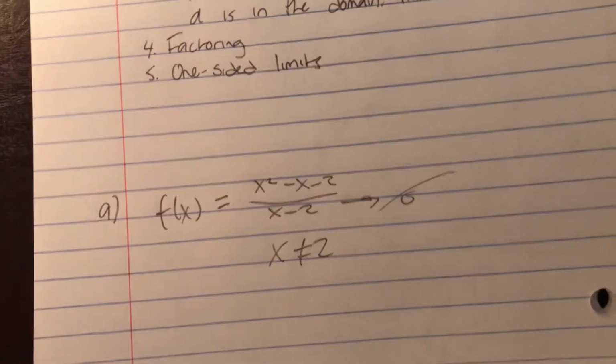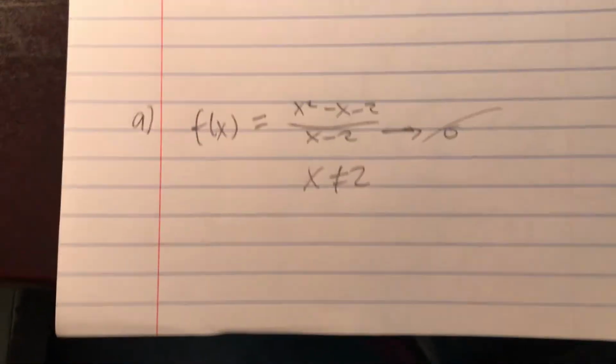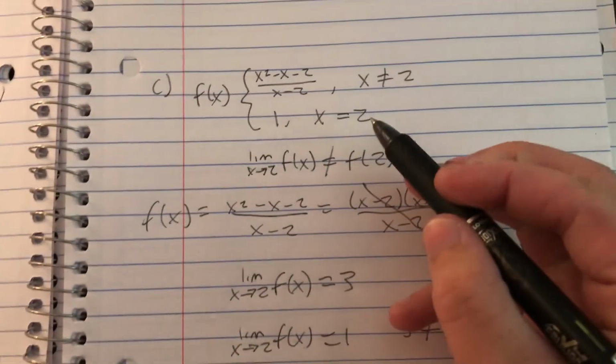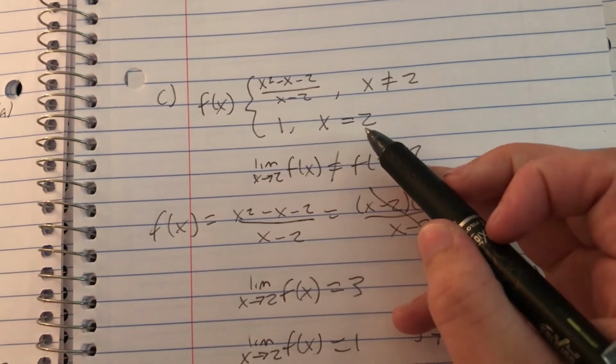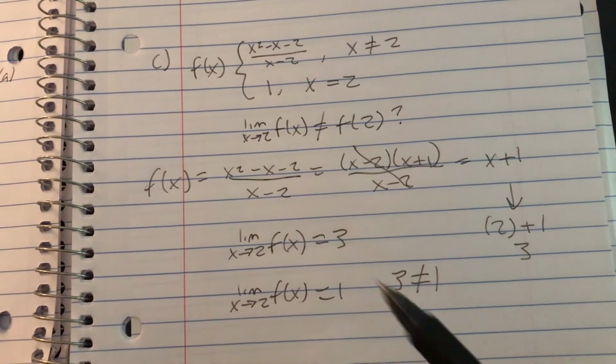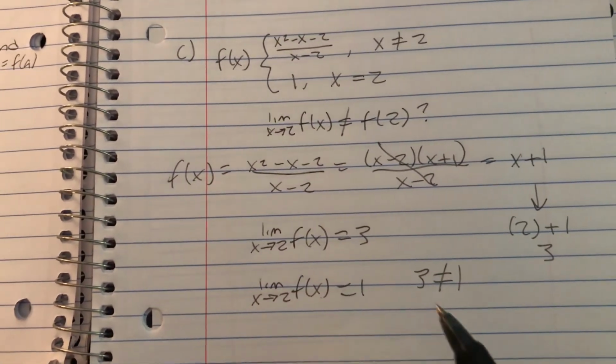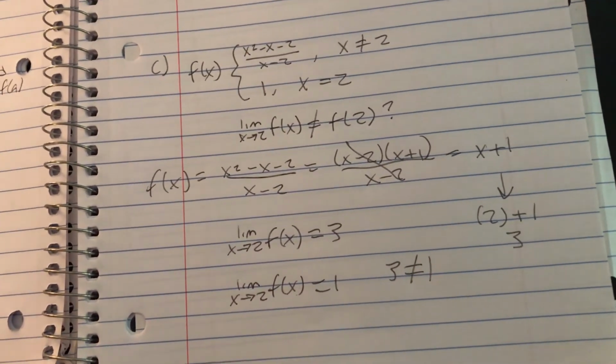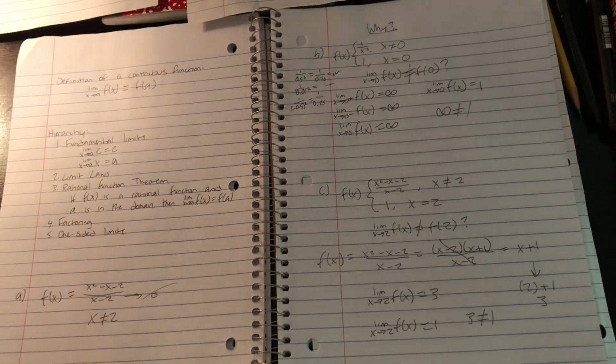Like it cannot work here. It's as simple as that for this one. X cannot equal 2, but this one, it can equal 2 sometimes, which is why we had to do all of this to see, okay, why is it discontinuous? 3 doesn't equal 1.